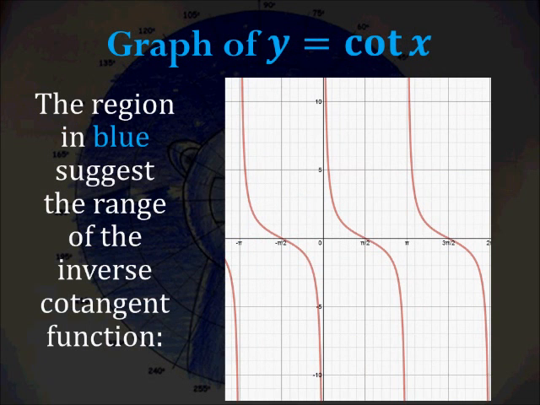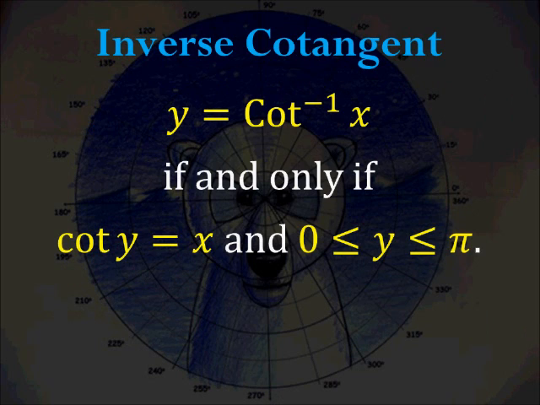The graph of the cotangent of x is the same deal, except here your suggested range for the inverse cotangent is going to be between 0 and pi. So something very similar going on as we had with tangent of x. So y is the inverse cotangent of x if and only if the cotangent of y equals x and 0 is less than or equal to y is less than or equal to pi.